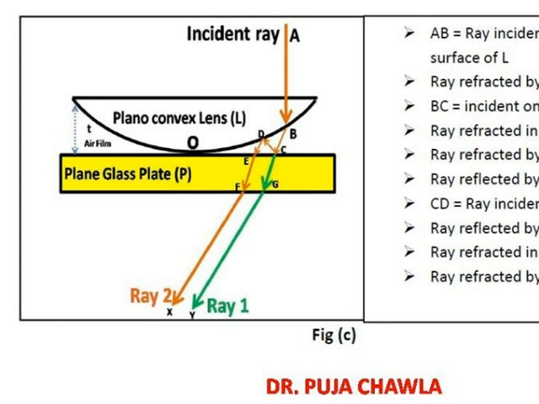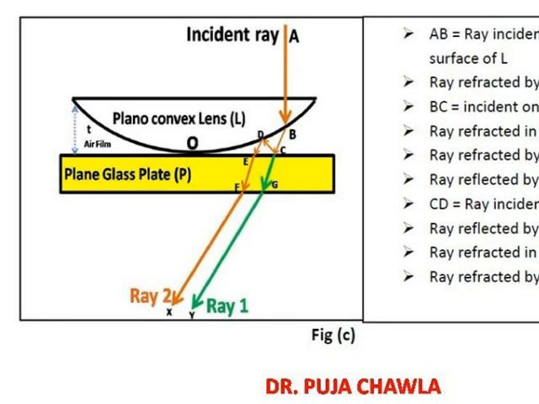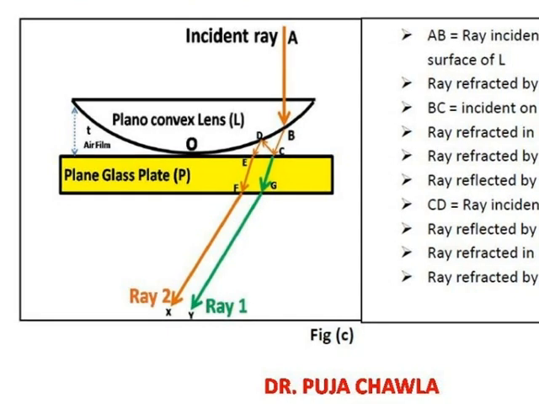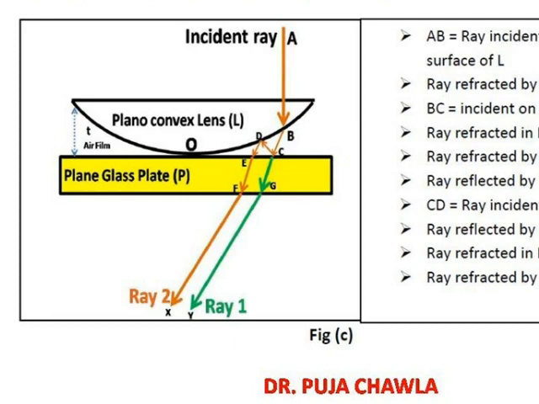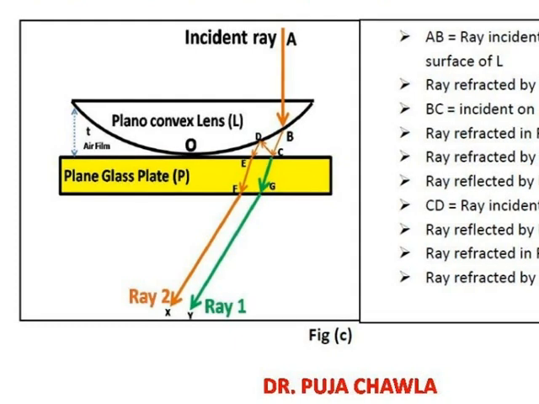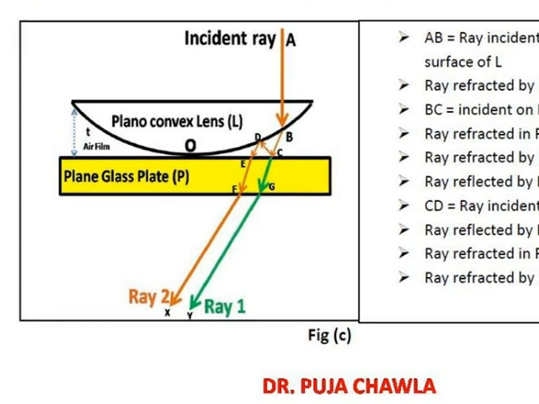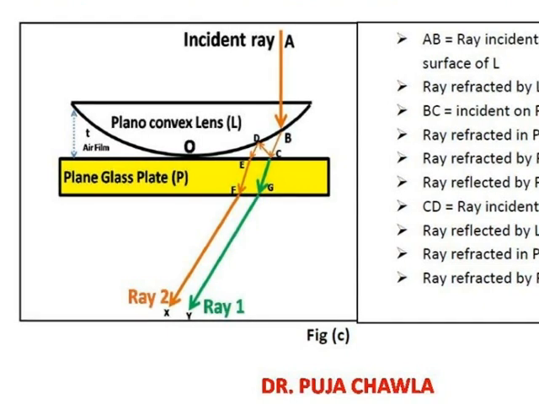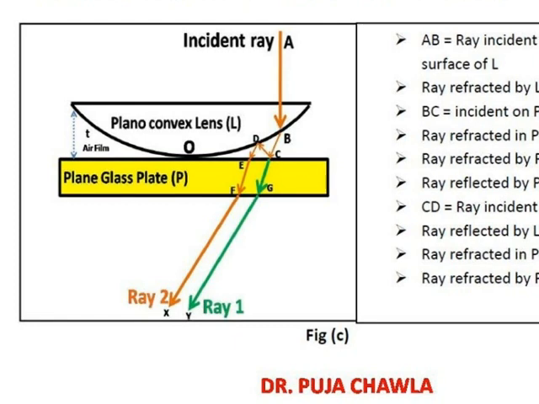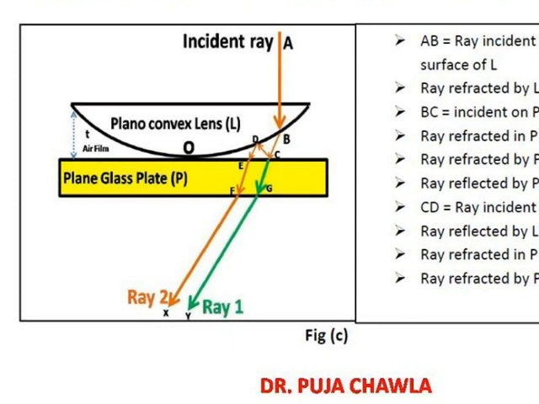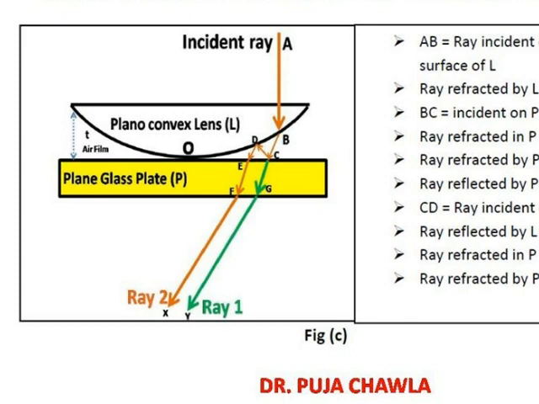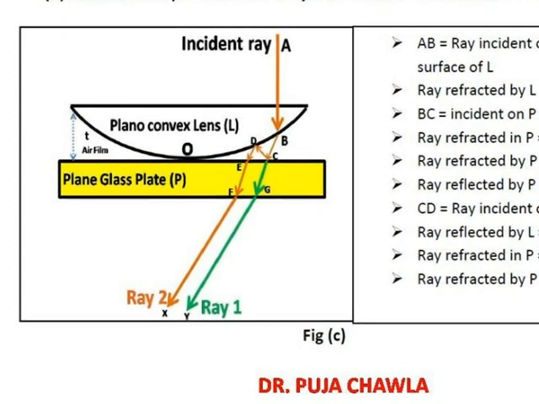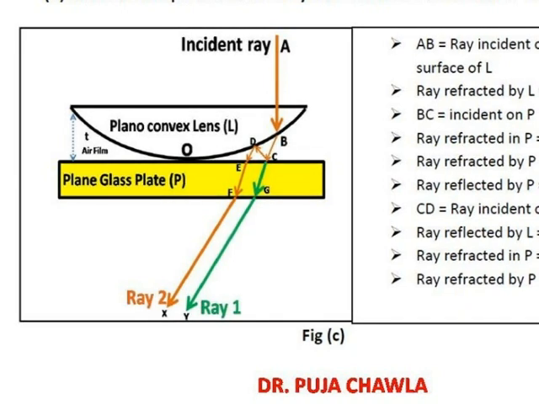By the lower curved surface, the ray is partially refracted and the refracted ray is BC. This BC ray is incident on the plane glass plate P. Now this ray is reflected by the plane glass plate and the reflected ray is CD. This CD ray is incident on the plano-convex lens L and is reflected by it as the ray DE.